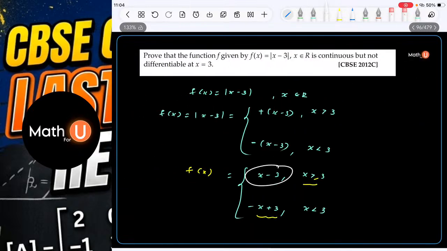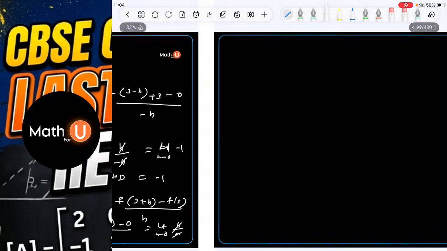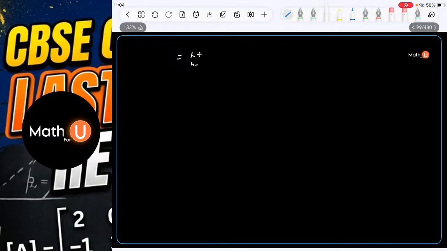This is the function, wherever the x is there, replace with 3 plus h minus 3. Minus f of 3 value 0 by h. 3 minus 3 get cancelled, we get limit h tends to 0, h by h cancels, limit h tends to 0 of 1, that is equal to 1. This is RHD is equal to 1.